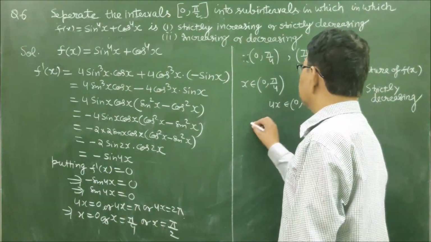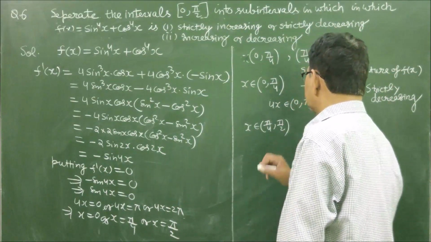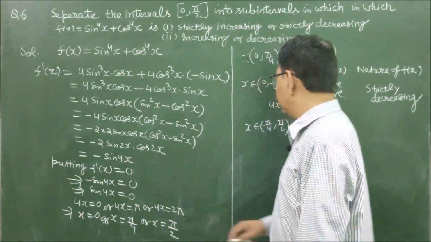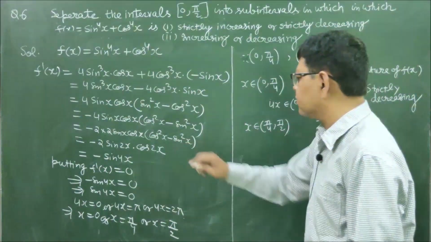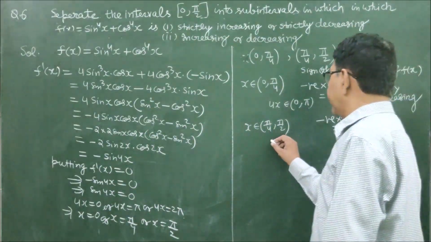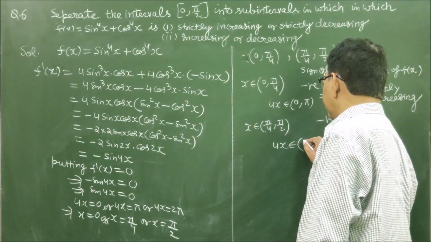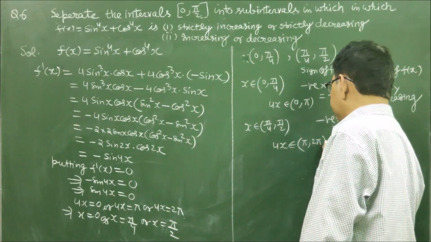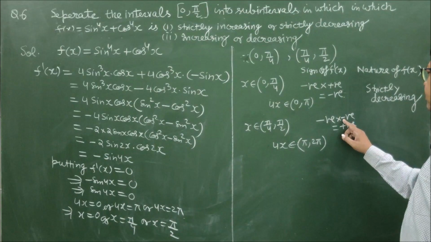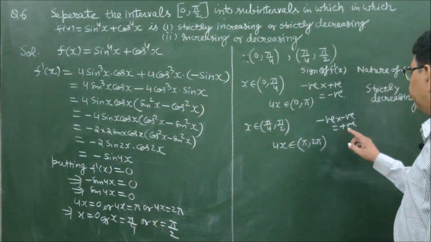Now if x belongs to this interval pi by 4 to pi by 2, in this case the sign of f dash x will be negative into the value of sin 4x, which will be negative, so it is positive. Because if x belongs to this, then 4x belongs to the range pi to 2 pi, and in this interval the sign of sin 4x is negative, so minus into minus is plus.